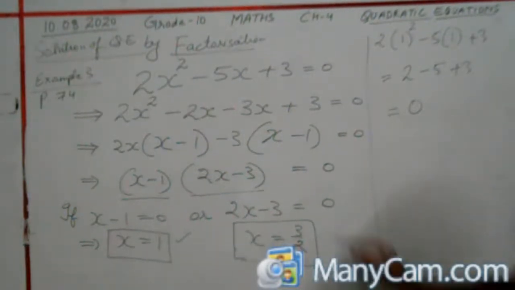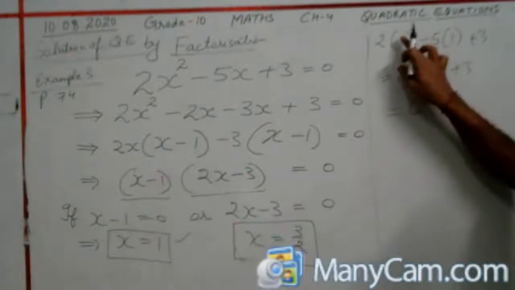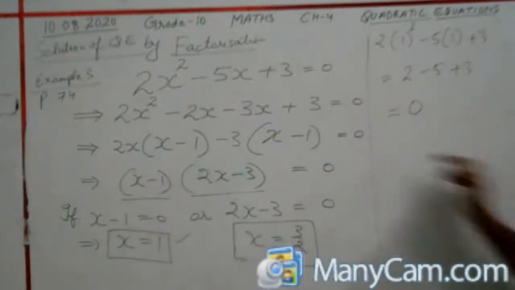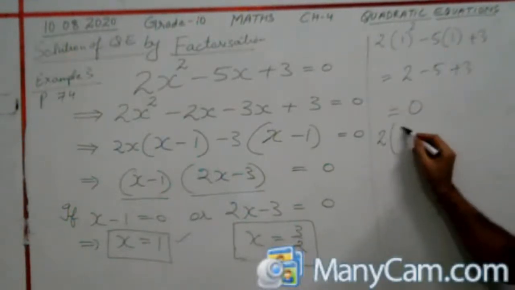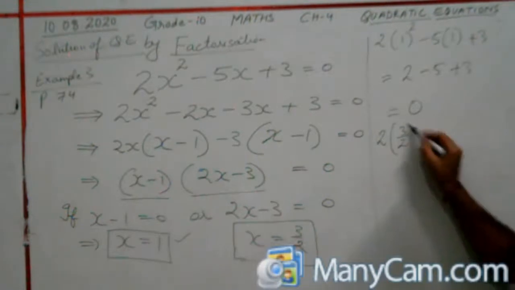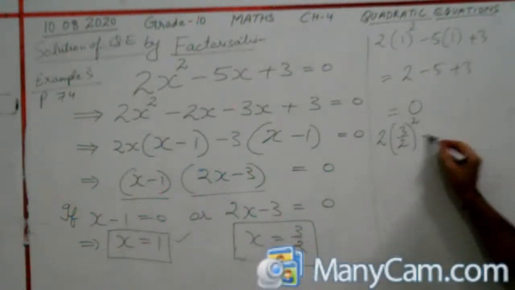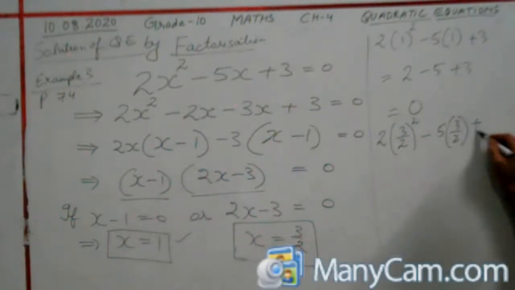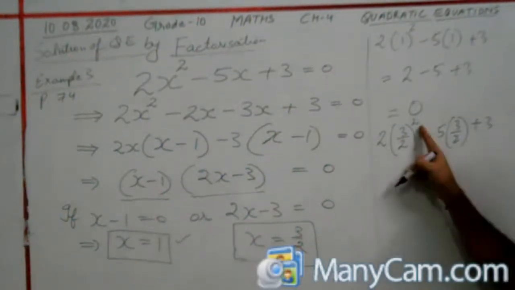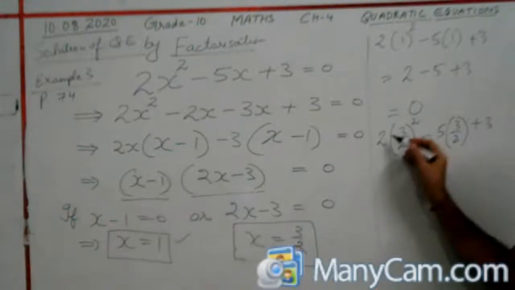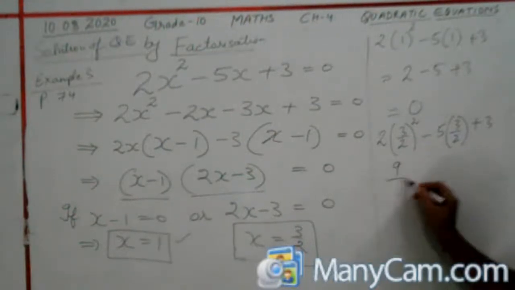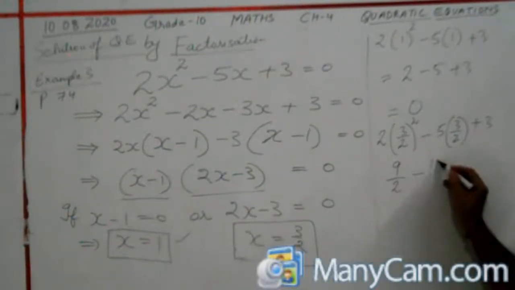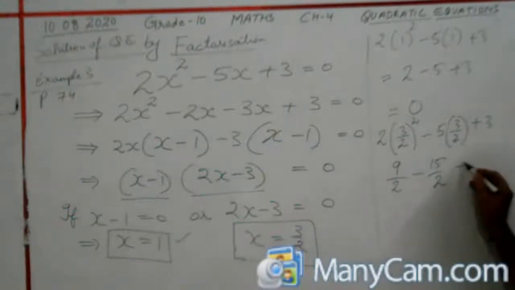Similarly, we substitute the value 3 by 2: 2 into 3 by 2 whole square, minus 5 into 3 by 2, plus 3. So here 9 upon 4 times 2 gives 9 by 2, minus 15 by 2 plus 3.